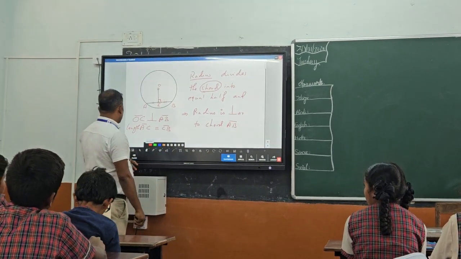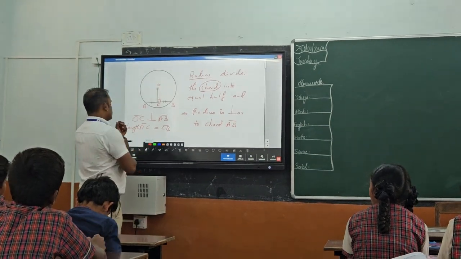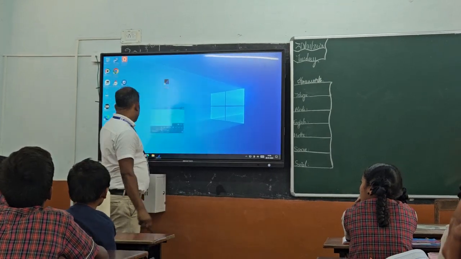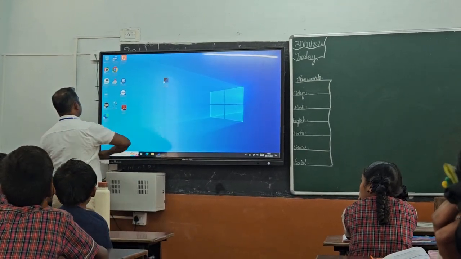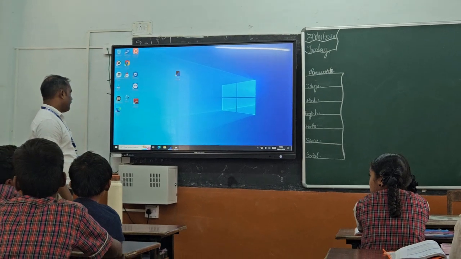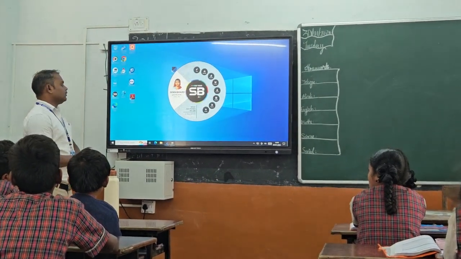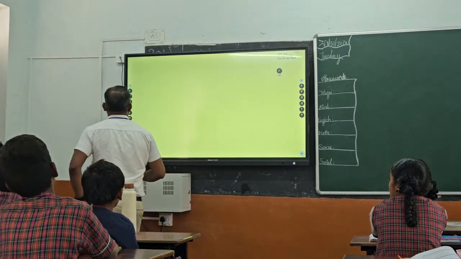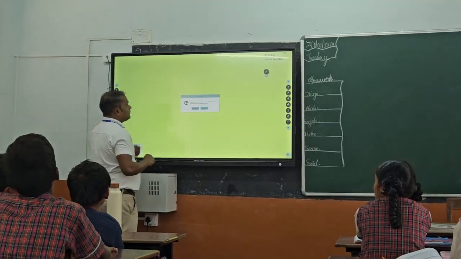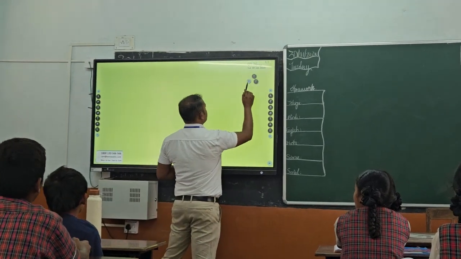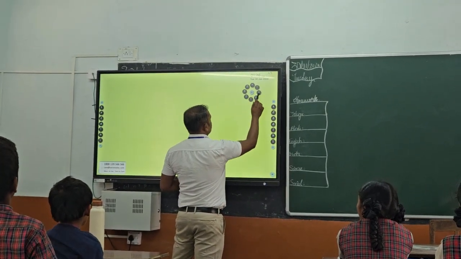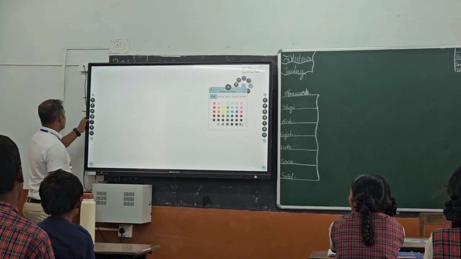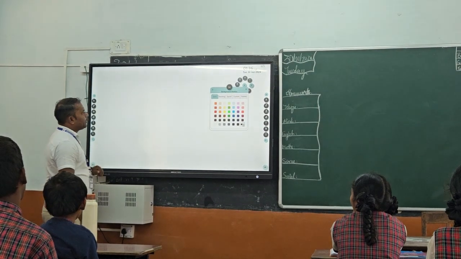Now we'll see how to draw a tangent to a circle. Construction of a tangent to a circle. How to do that? For the construction, what do we require?